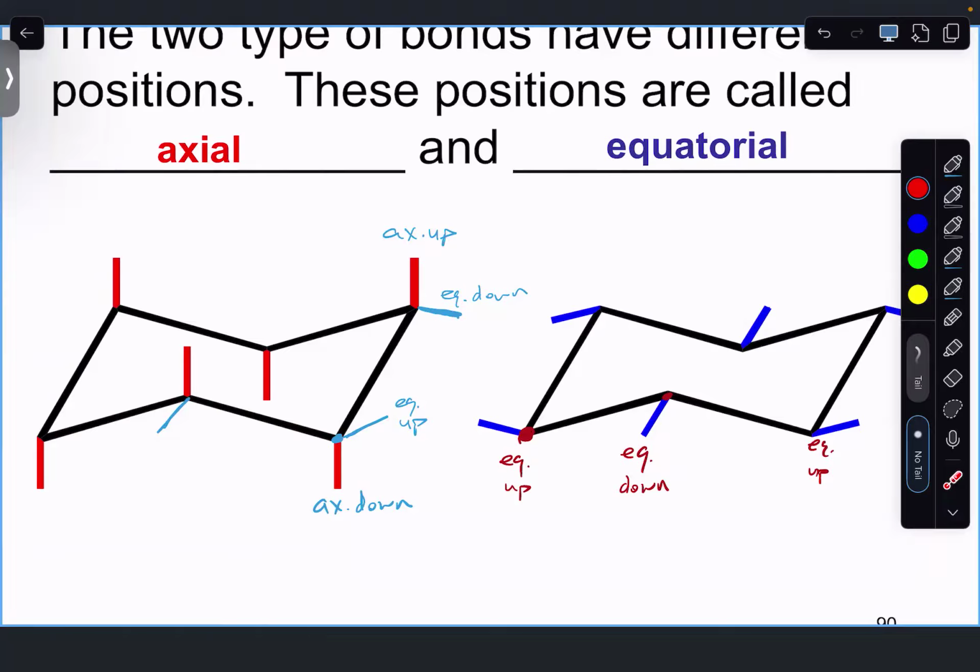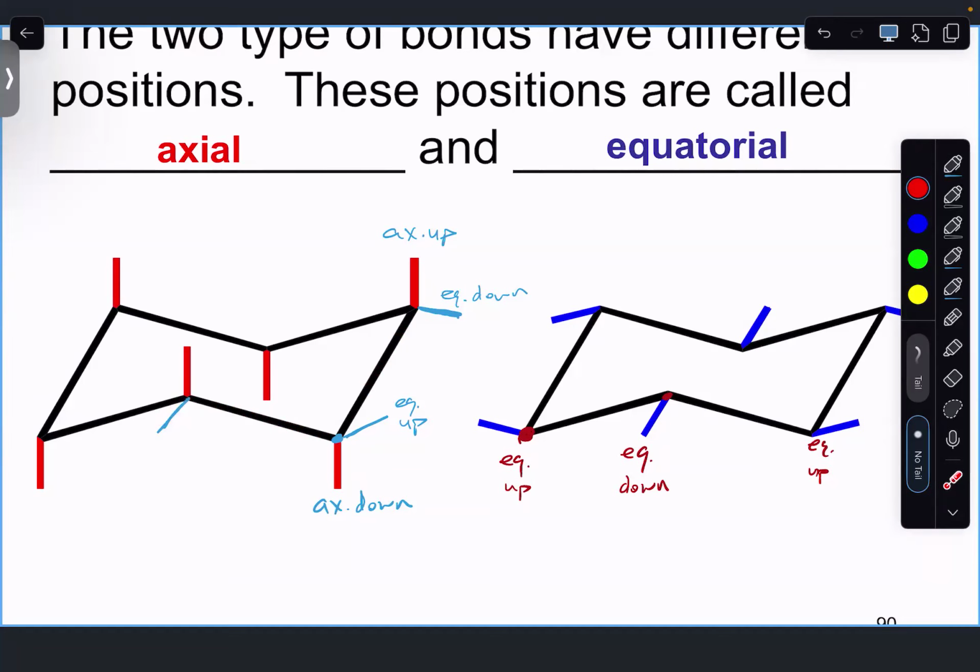And it holds true all around the ring. Look at this one, for instance. Look at that equatorial position. So I'm going to compare this again, not to the carbon-carbon bond that's directly attached, but to the next carbon-carbon bond. Do you see how that CC is parallel, or it should be parallel, to that equatorial position?